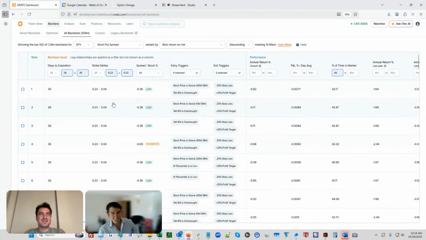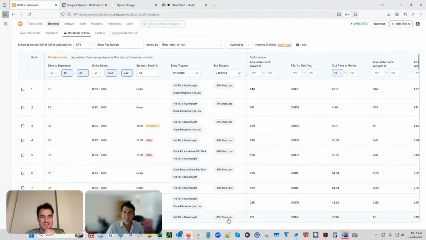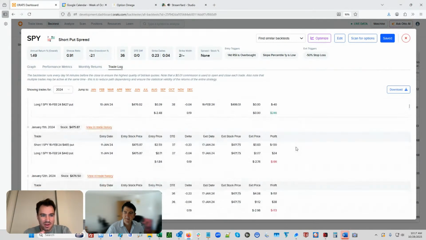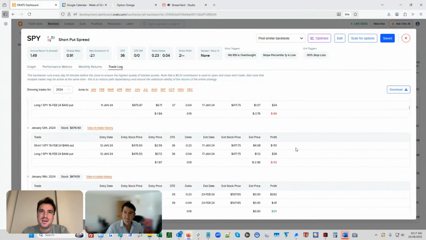Yeah, I find this tool to be the most helpful for people just getting into options, because it helps you learn about the different lives that these different strategies have, right? Like in this circumstance, a short put spread, it's not good to get out too early.